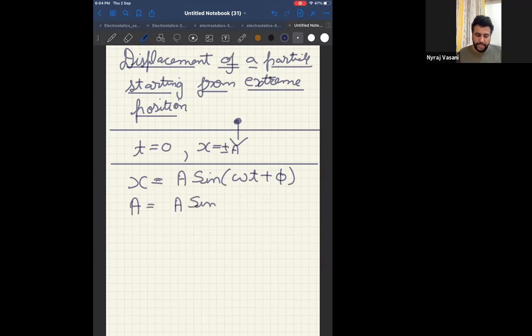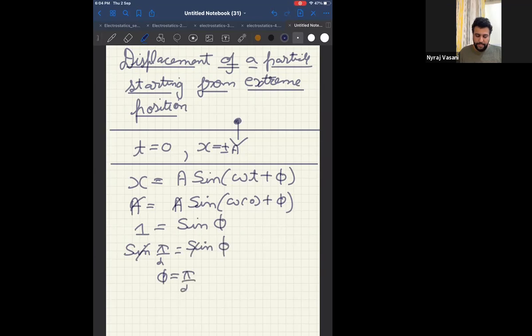It is equal to A sine omega into 0 plus phi. Therefore, A and A will cancel. Therefore, 1 is equal to sine phi. Therefore, can I say 1 is equal to sine pi by 2 is equal to sine phi? Therefore, can I say phi is equal to pi by 2?